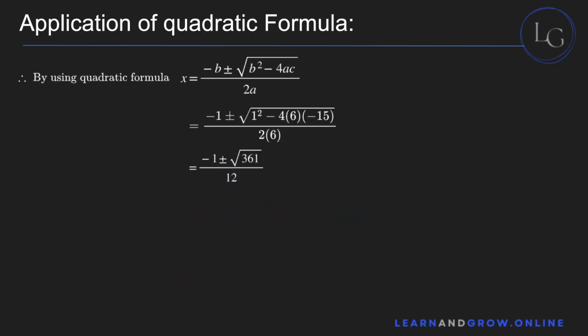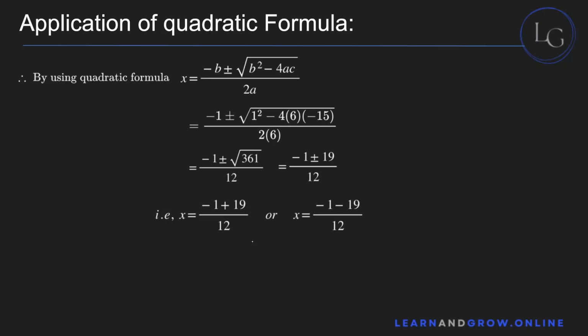This is what you'll get when you plug in minus b plus minus under root b square minus 4ac divided by 2a. And so you get minus 1 plus minus under root 361 divided by 12. So this becomes minus 1 plus minus 19 over 12.